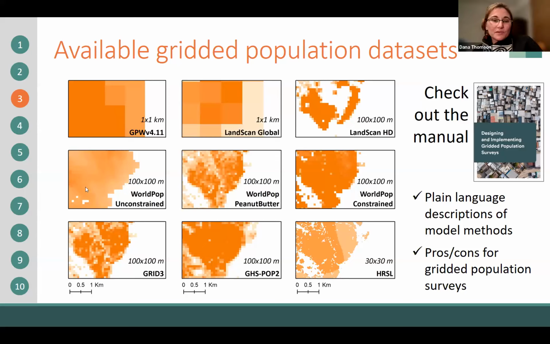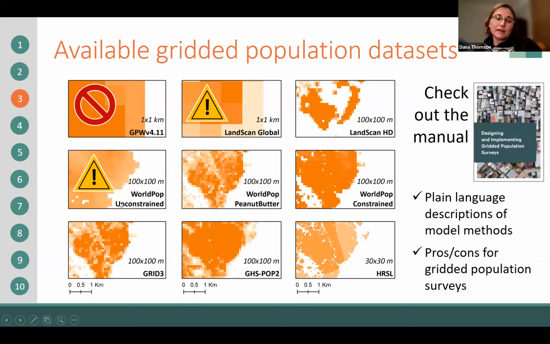So WorldPop Unconstrained and LandScan Global have been the data sets that have been available the longest. And in Iraq, WorldPop Constrained is also not going to look that different from WorldPop Unconstrained. What this means is that unconstrained means every cell that's land-based will have an estimate. The vast open desert will have cells with 0.001 population per cell.